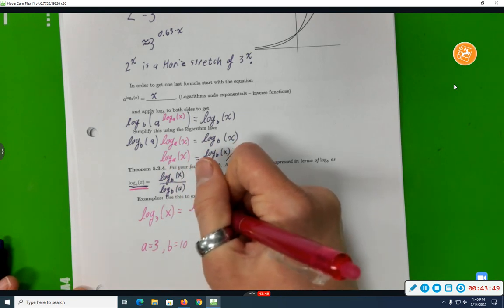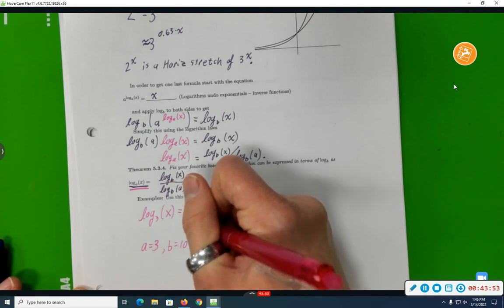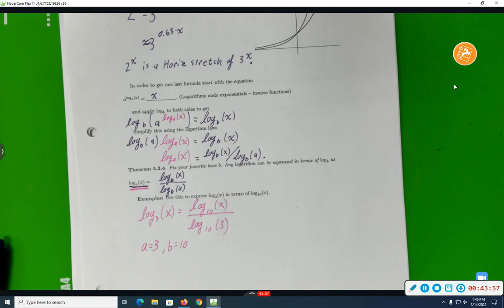So that's the log base B of x divided by the log base B of A. That idea seem pretty okay?